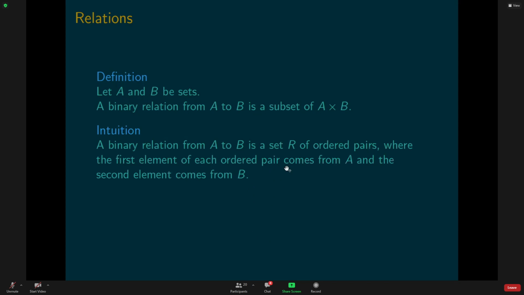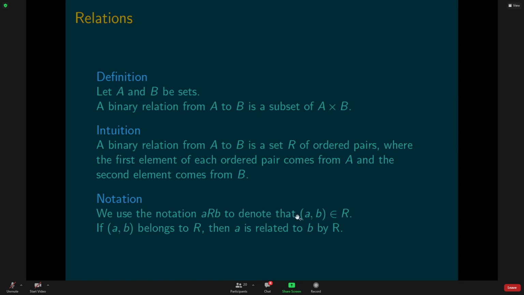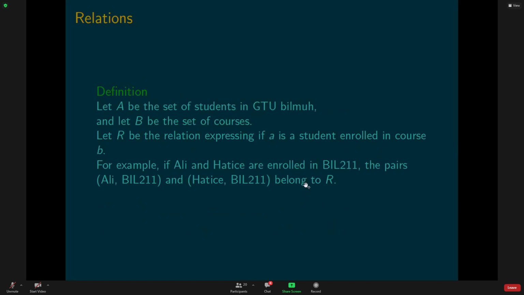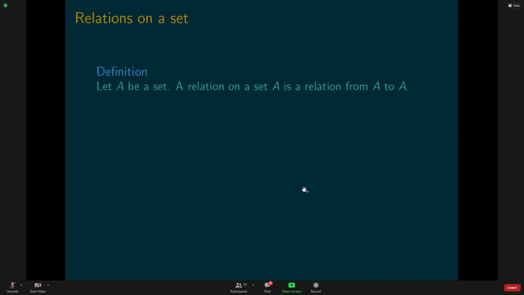The first element must be from A and the second from B. Usually we denote it like this, but R has some specific symbol most of the time. Since the relation is a subset of the Cartesian product, these are pairs of A and B, right? So this was the example. We don't need to go through it again, I think.